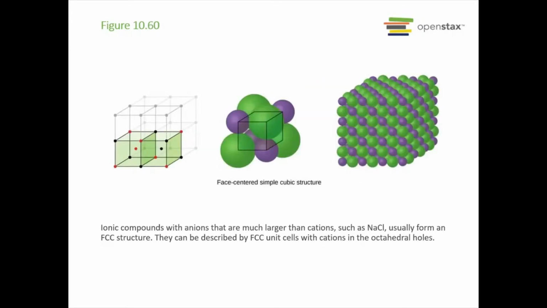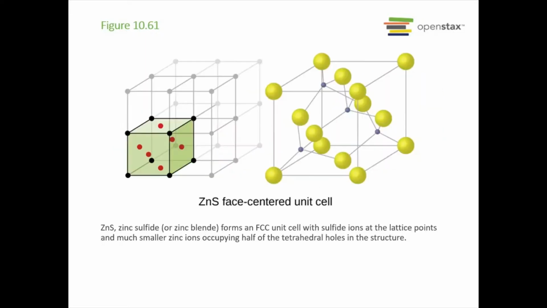Now, if you've got an ionic compound where the anions are way bigger than the cations, like sodium chloride, you form the FCC structure. These have the FCC unit cells with the cations in the octahedral holes. Zinc sulfide, or zinc blende, another name for it, forms the face-centered cubic unit cell, where it has sulfide ions at the lattice points and zinc ions occupying half of the tetrahedral holes in the structure.